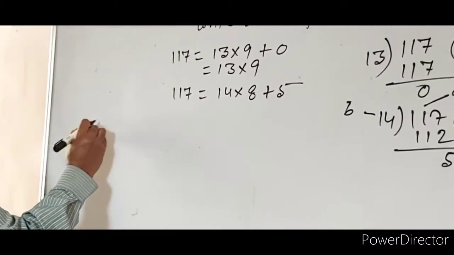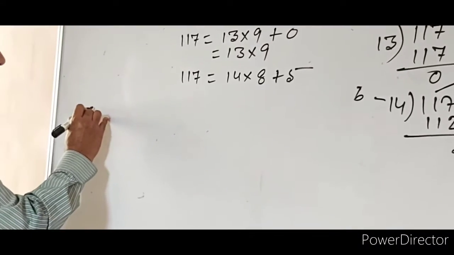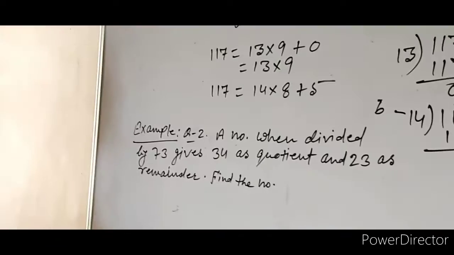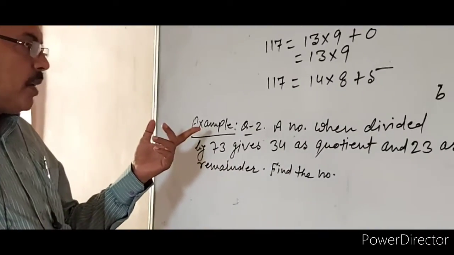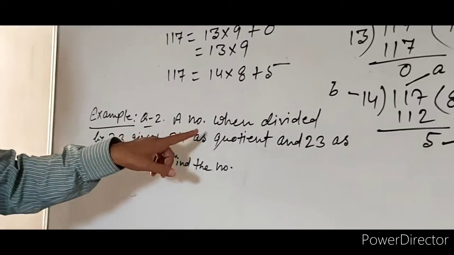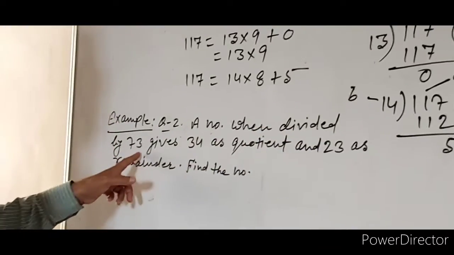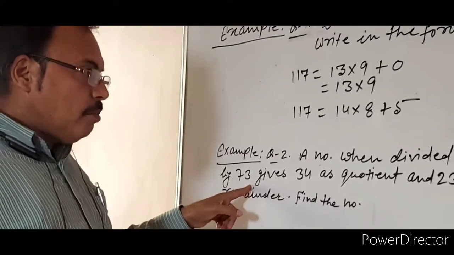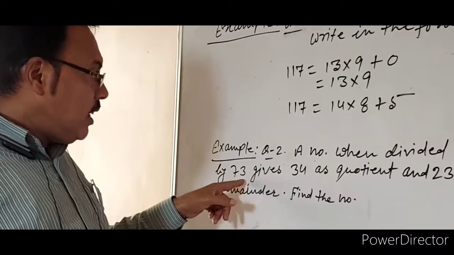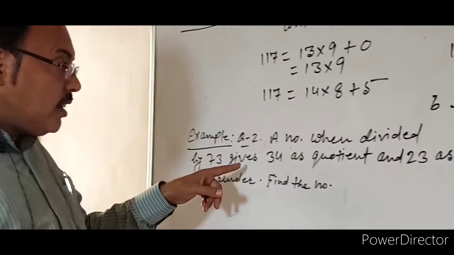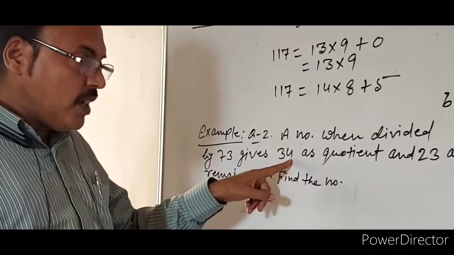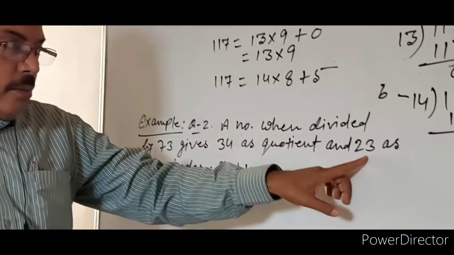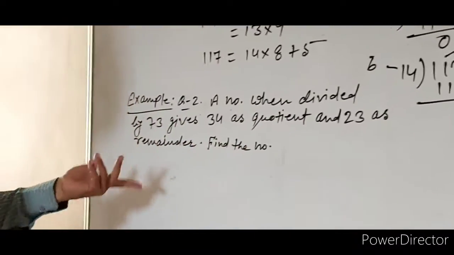Okay, now our second example question. A number when divided by 73 gives 34 as quotient and remainder 23. Find the number.